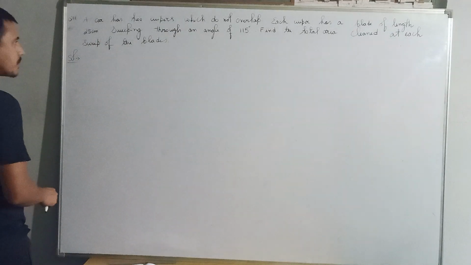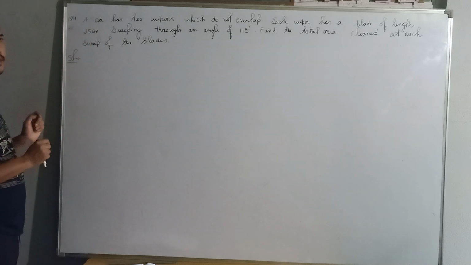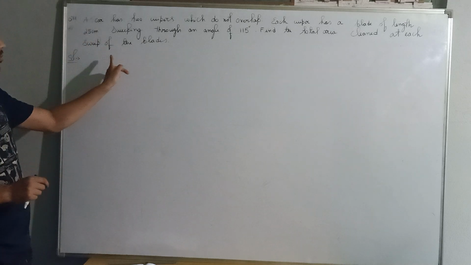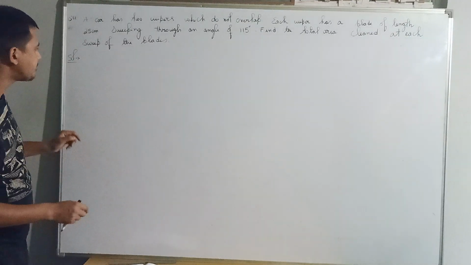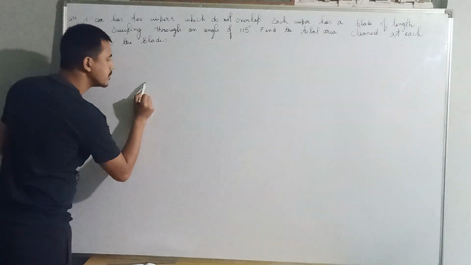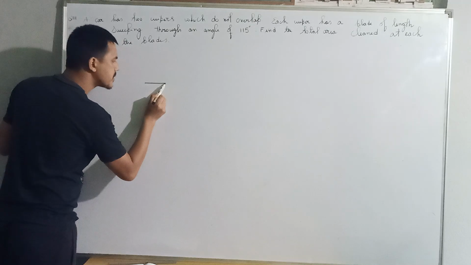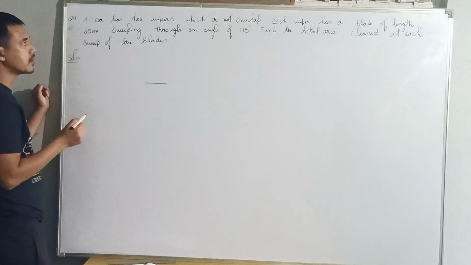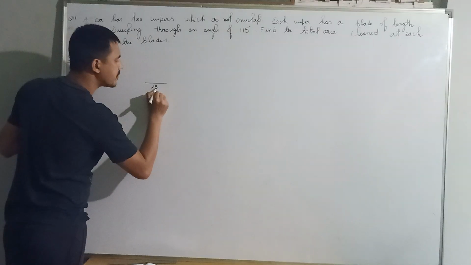So a car has two wipers. Both the wipers have length 25 centimeter, and both the wipers can cover an angle of 115 degrees, right? So let's see. Let's say that this is the first wiper of the car of length 25 centimeter.